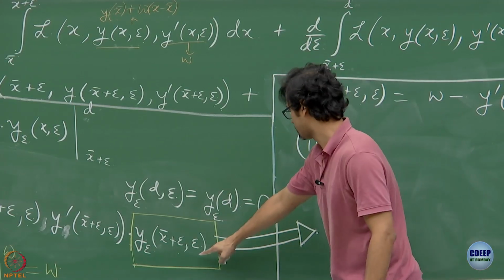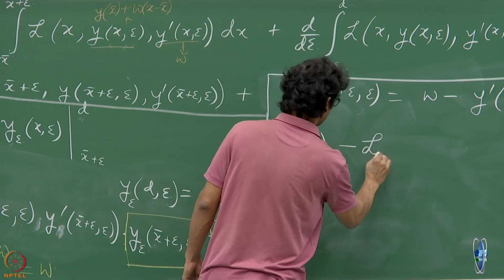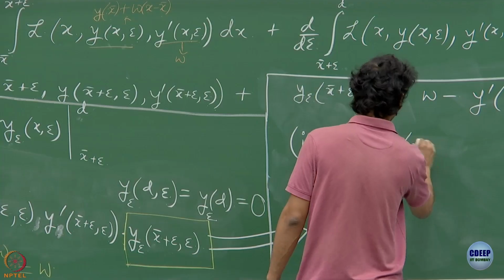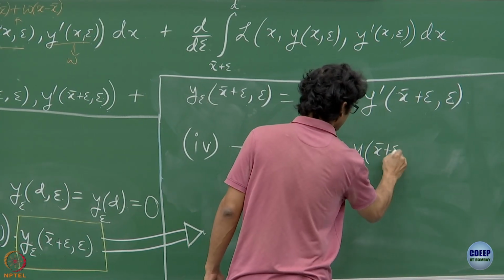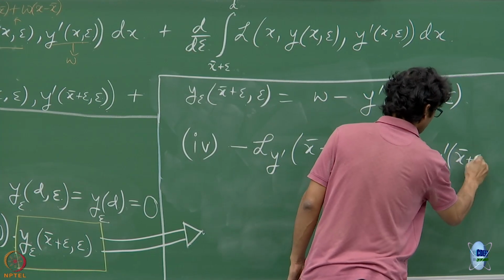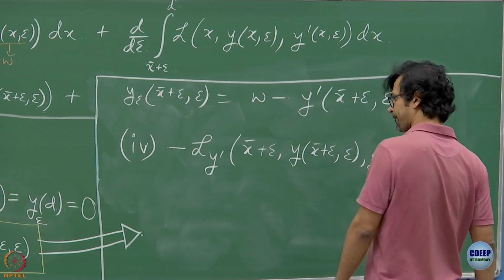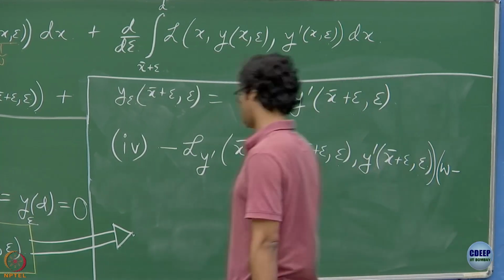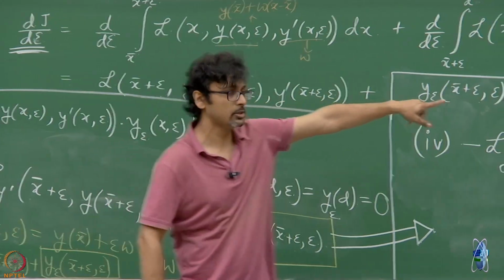We have to just substitute this here. So, we have minus L y prime at x bar plus epsilon, y at x bar plus epsilon comma epsilon, and y prime at x bar plus epsilon comma epsilon, times w minus y prime at x bar plus epsilon comma epsilon.